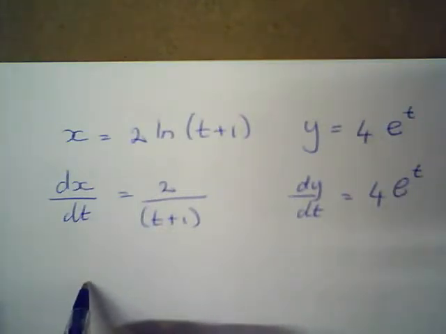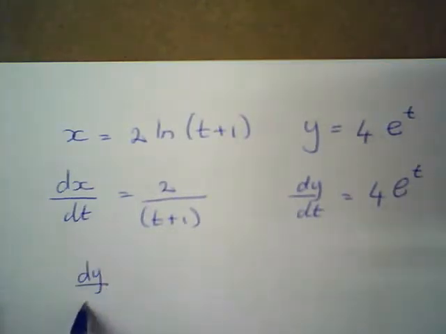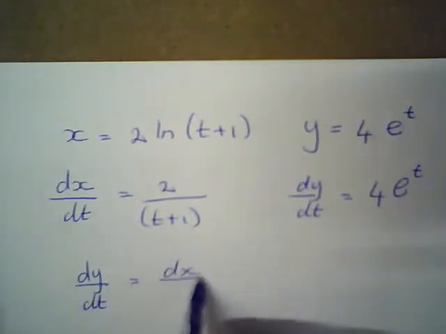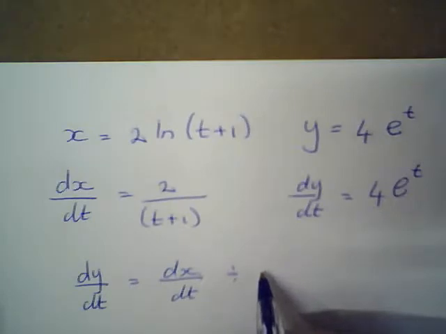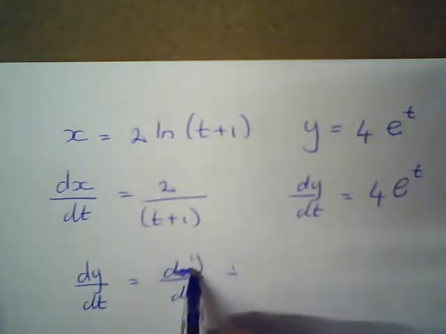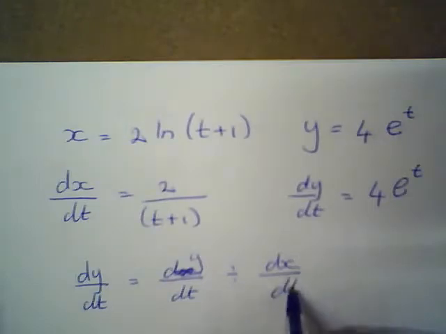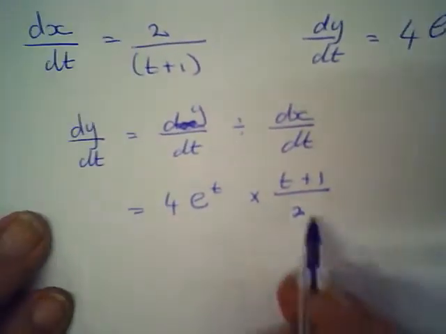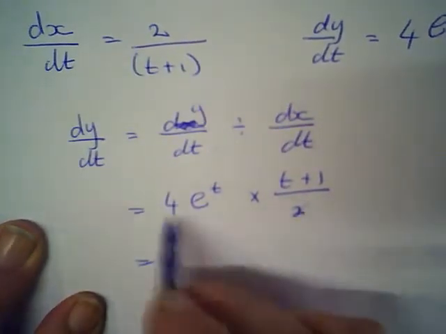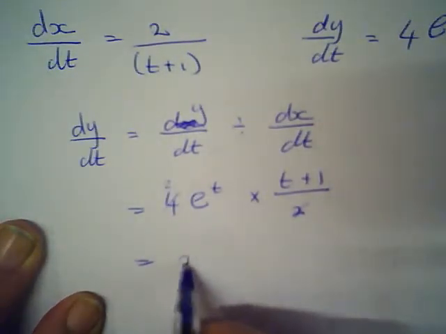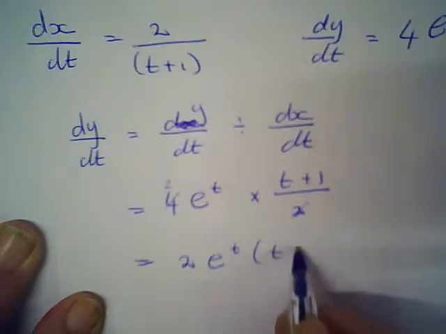Now, dy/dx equals dy/dt divided by dx/dt, and we can just quickly simplify that. 4 e to the power t, times (t plus 1) over 2, that would give me 2, since the 4 and 2 can cancel, so it would be 2 e to the power t times (t plus 1).